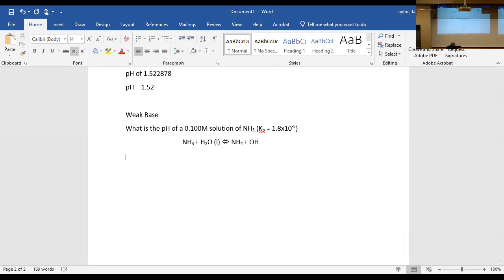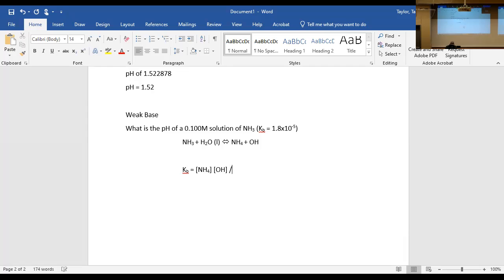So that's step one. Then you come down here, and we are writing the Kb equation. So Kb is equal to NH4, the concentration of the ammonium times the concentration of the hydroxide.